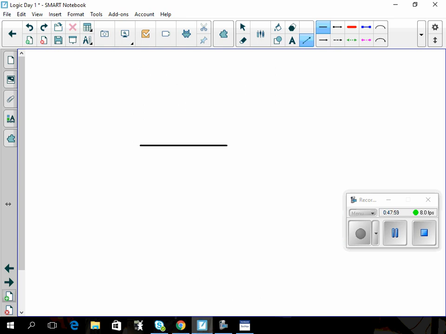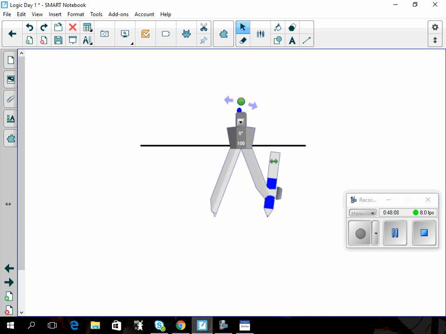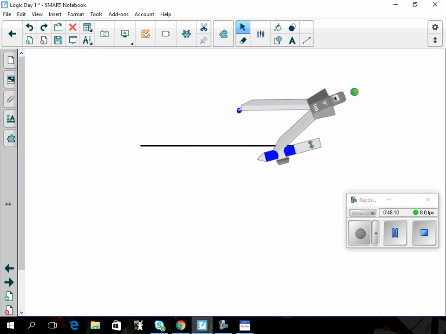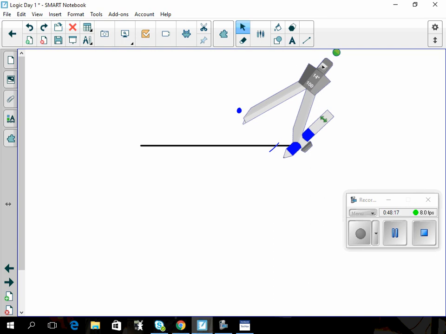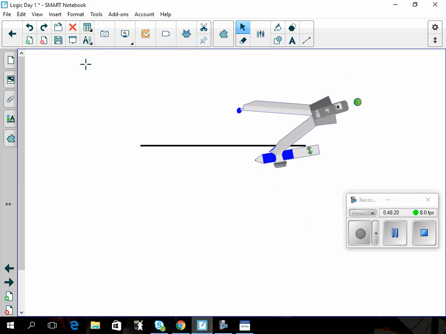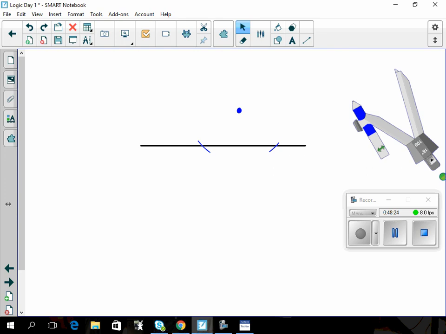If I have a point not on the line, before I can make my construction that I know how to do, I take my compass and put it on the point. I make a little arc on this side, and I make a little arc on the other side. Remember, those arcs are like sideways.